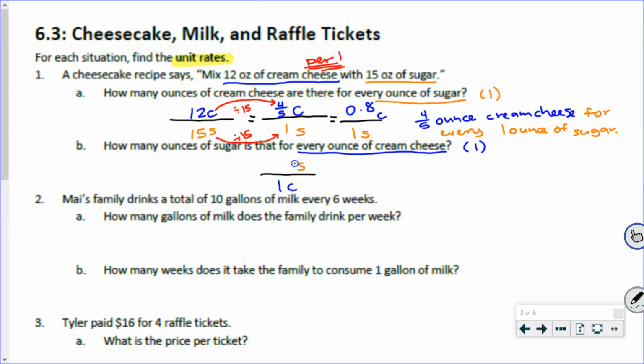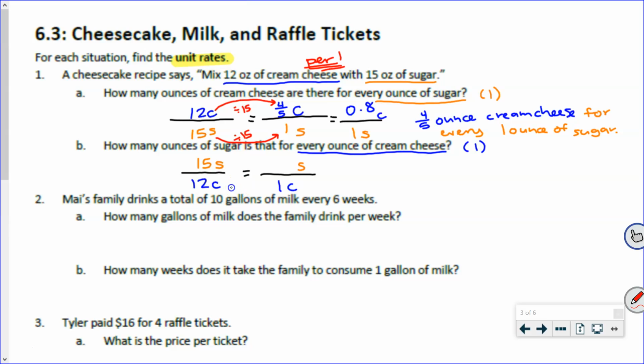So I've set up the end of the ratio. Let's go backwards now and set up the beginning of that ratio. What does that look like? Again, I've got cream cheese on the bottom, so that means my original amount of cream cheese, which I'm finding all the way up here, is 12, and that is also going to be on the bottom. And the original amount of sugar is 15. Sugar is going to end up on the top, so of course that means it had to start out on the top.